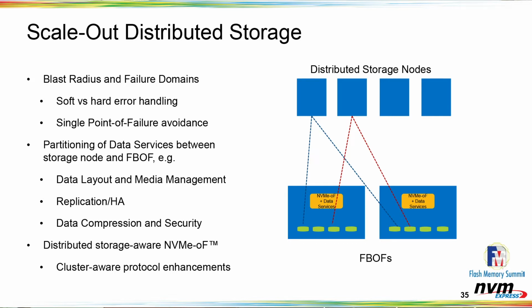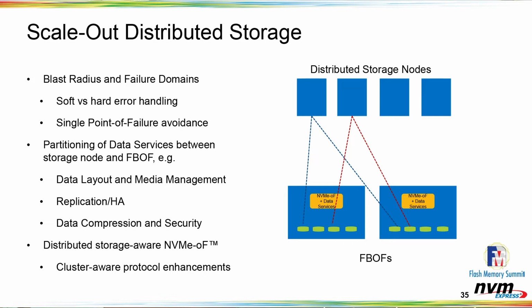The first problem is you have a blast radius and failure domain problem, right? The storage nodes expect that the physical storage they see is local. If that fails, they only have to recover from that disk's perspective.